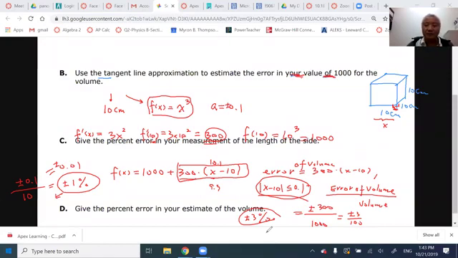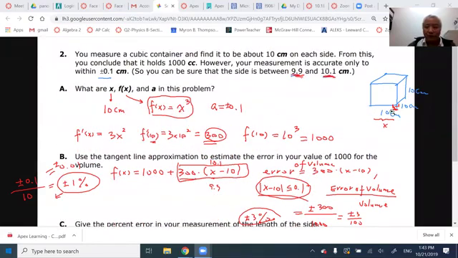Okay. So now let's recall what we did for the whole thing. From the very beginning, we measure the cube, and each side is supposed to be 10, but because of the instrument or the person measuring it, they involve the error there. And then you're supposed to measure x, so f of x is x cubed, right? That's the volume of the cube.